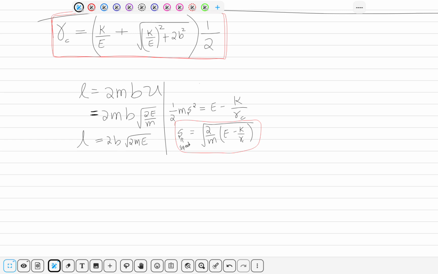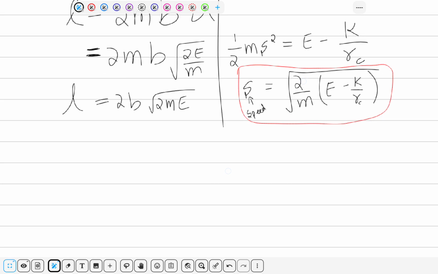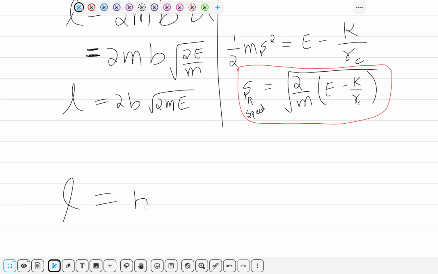Okay, I am going to do something crazy here. I know that angular momentum is mass times distance times speed.